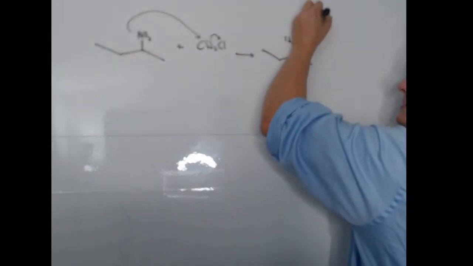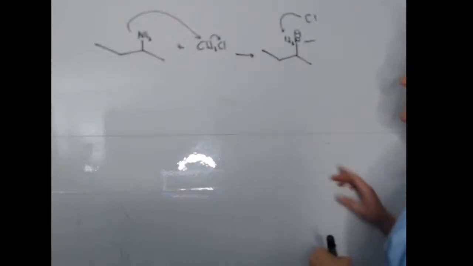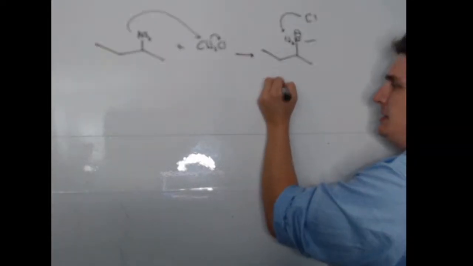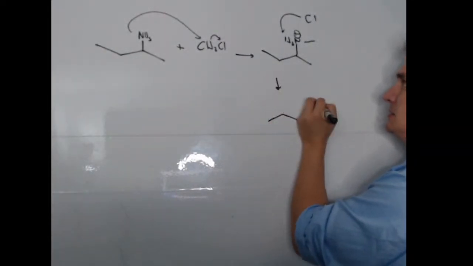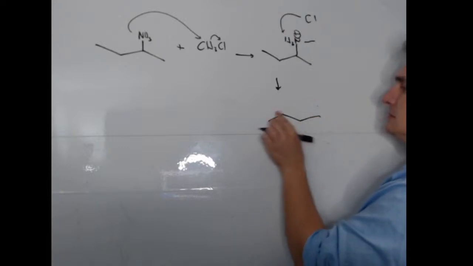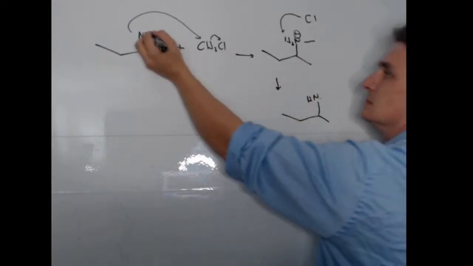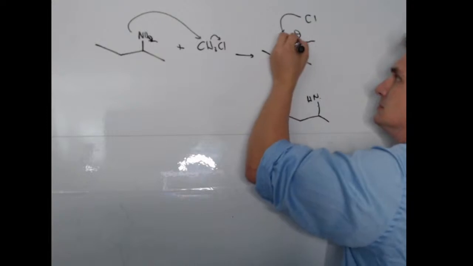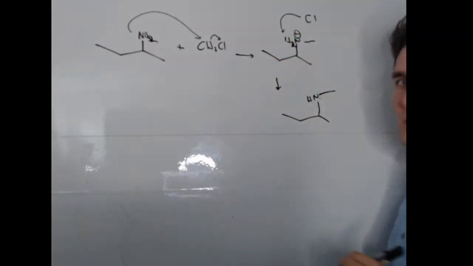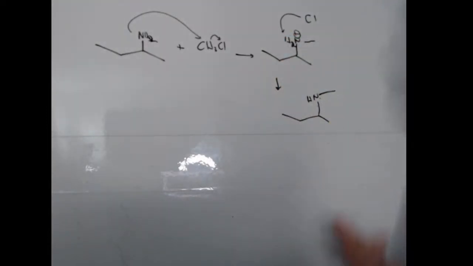And then the chloride, I think it's so weird how chemists write this, pulls the hydrogen off, and we end up generating this group. And we just keep doing it over and over again.